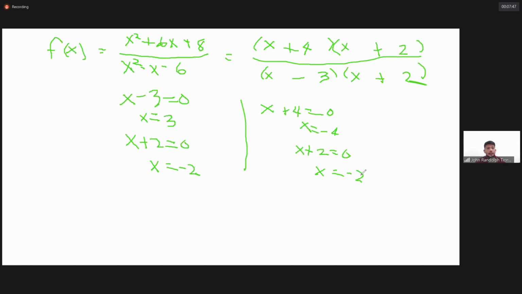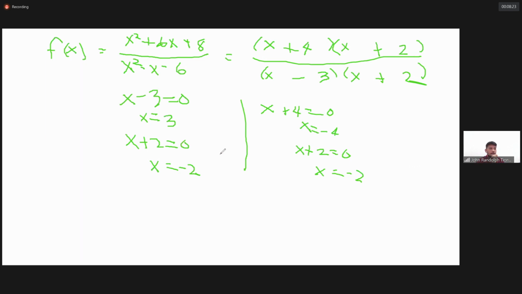Do you think x equals negative 2 here will be a zero of f? When one of the values is a restriction of your function, then it will not be a zero of your f. Now, how are you going to check that it is really a zero of the function? You simply substitute those values into your function to be sure if it equates to 0.